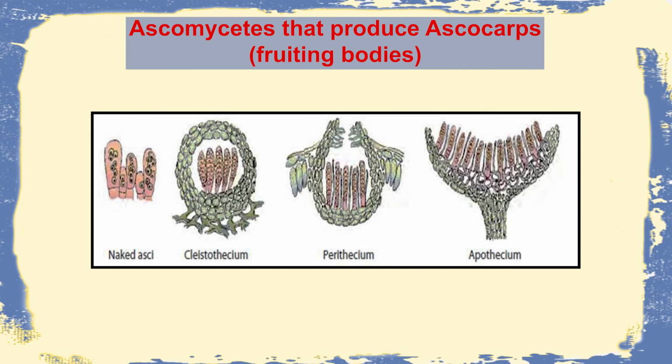Then there may be the perithecium, which is a little bit flask-shaped structure, but apothecium is typically a cup-shaped or saucer-shaped structure. Cleistothecium is found in Penicillium, perithecium is found in Claviceps, and apothecium is found in Ascobolus. And this particular fungus grows on cow dung and is also called a coprophilous fungus.